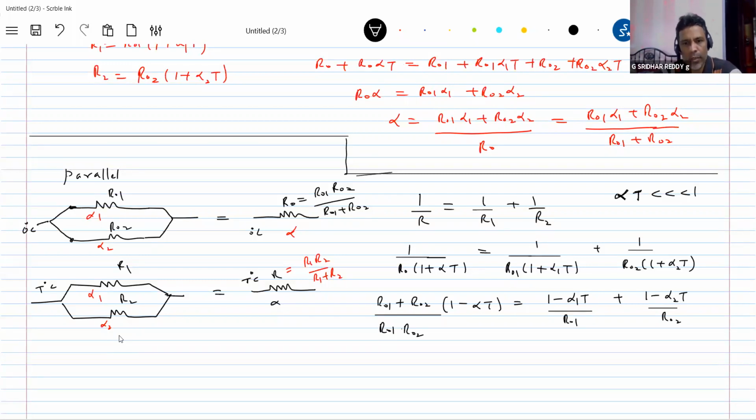Okay, simplify, get an expression for alpha in terms of alpha 1. So I think I'll end up like this after expanding R naught 1 by R naught 2.